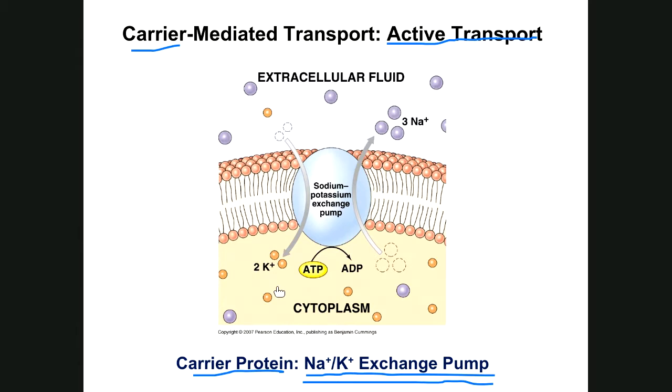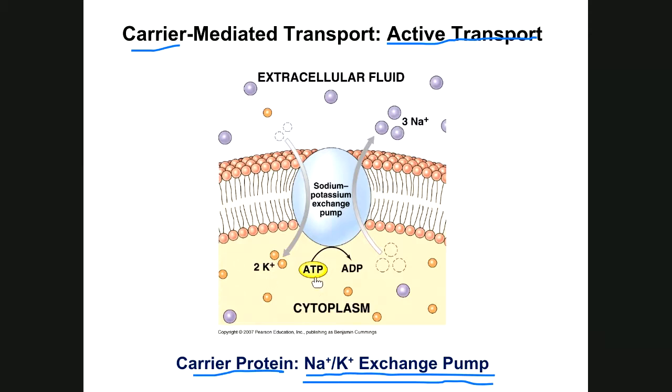Since this transmembrane protein, more specifically a carrier protein called the sodium-potassium ion exchange pump, is moving ions in the direction of an already high concentration of each of these solutes, it's going to need energy.